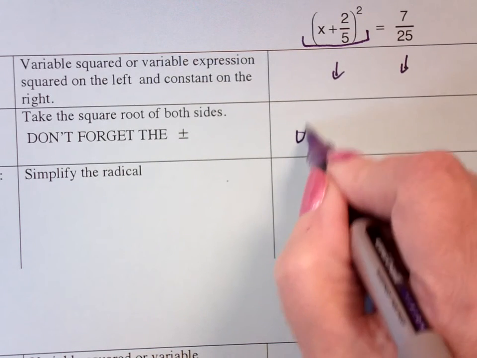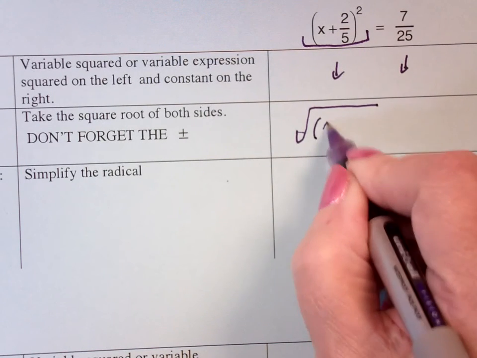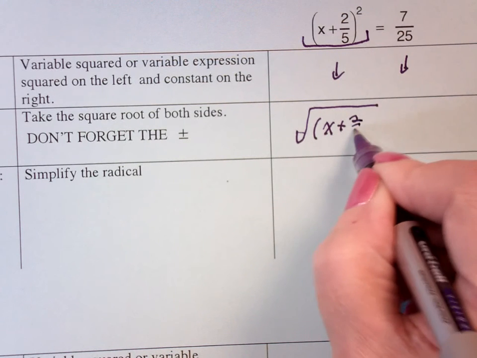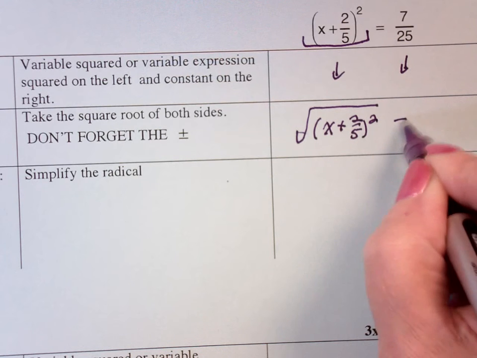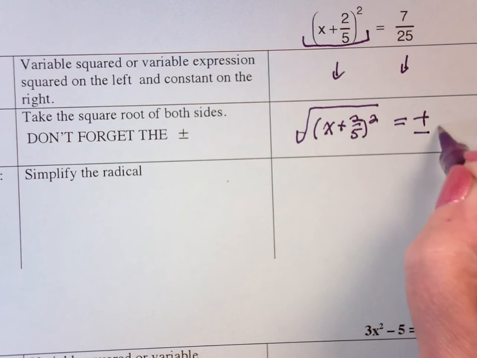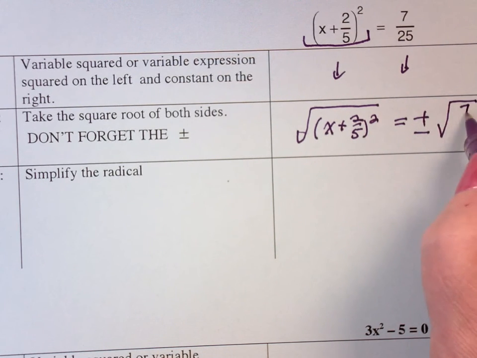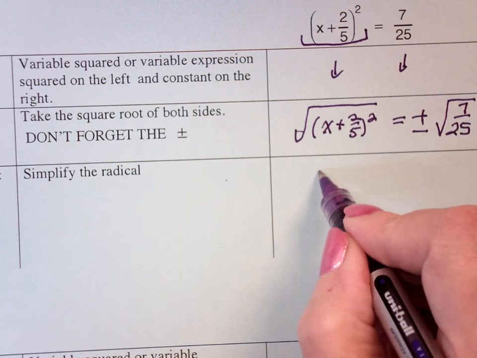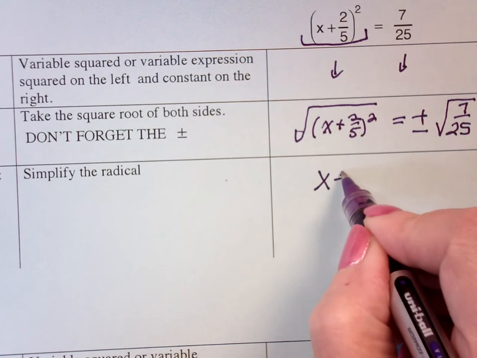Then take the square root of both sides. Don't forget the plus or minus. If I square root a square, you just end up with what's under the radical.